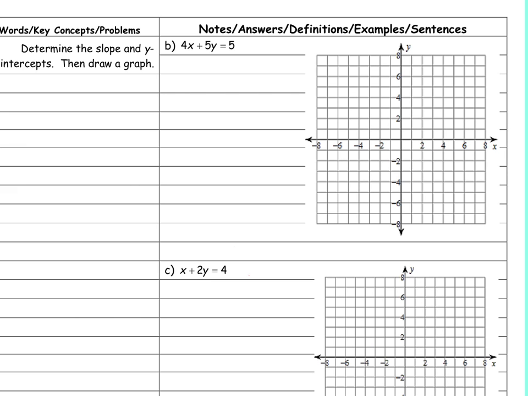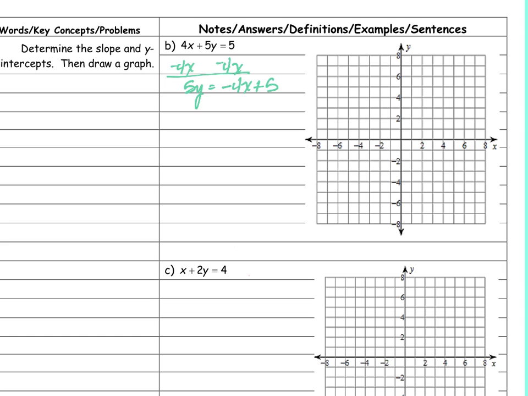Recording. Beautiful. So like I was already saying, I'm going to subtract the 4x. And I get 5y equals -4x. Even though I subtracted it, it's still a negative sign.